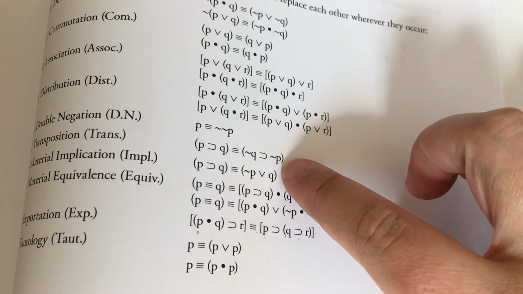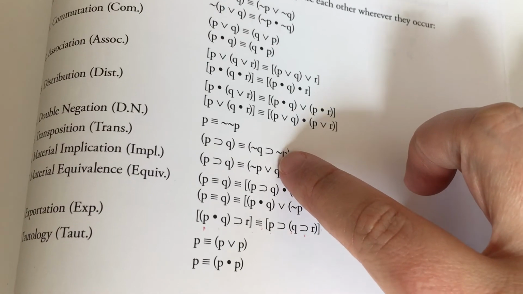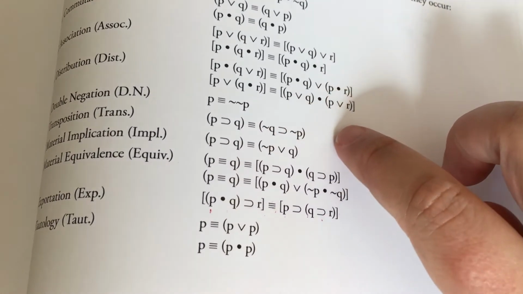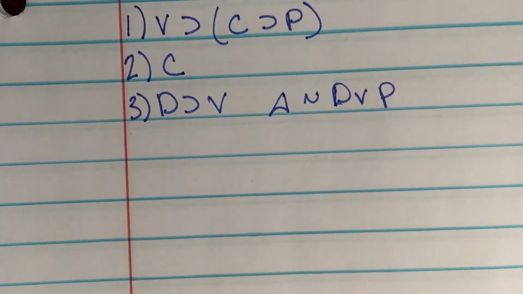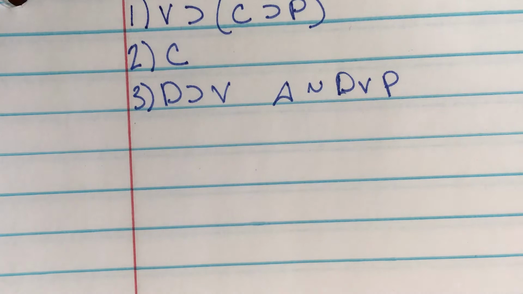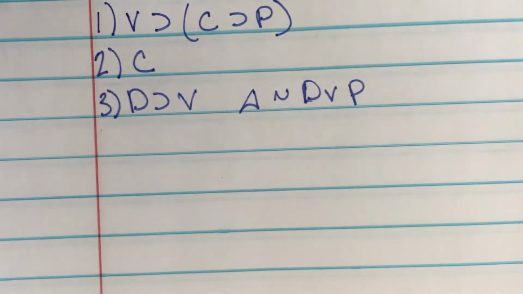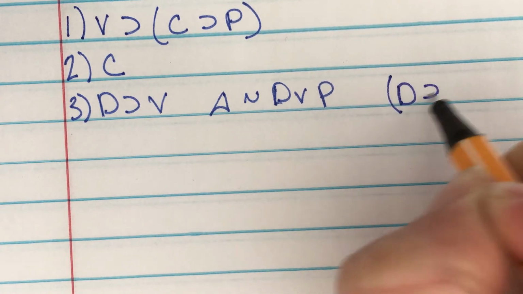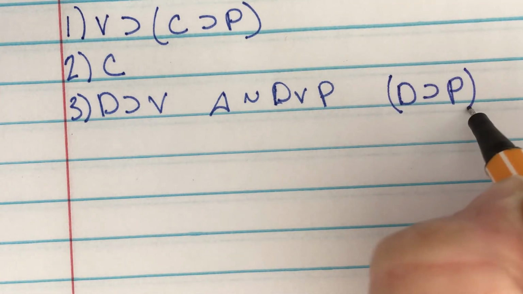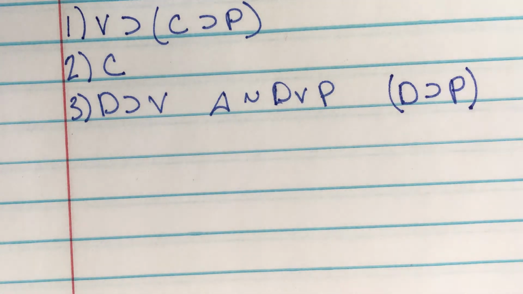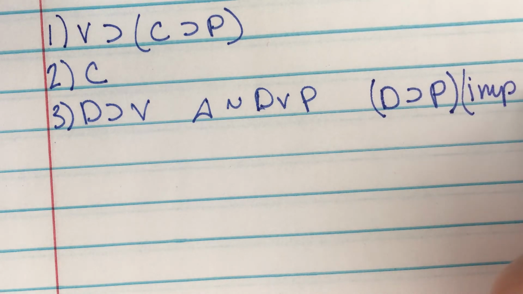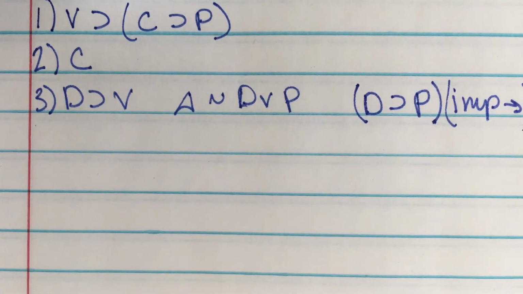Oh, look, not P or Q equals if P then Q. Now, if that equals that, then coming back over to our proof we're trying to do here, I'm just going to make myself a note here that if I can prove if D then P, then I can, by implication, get my conclusion.